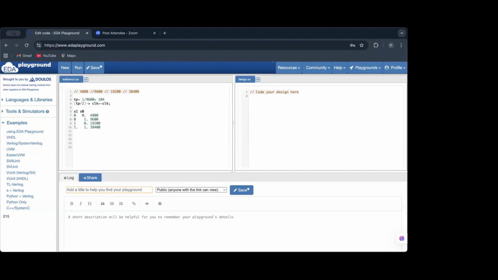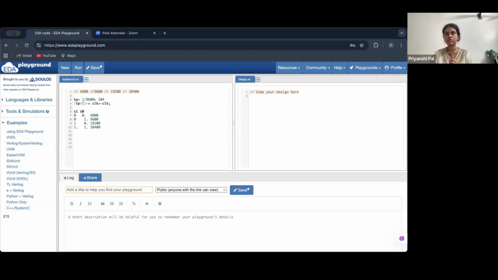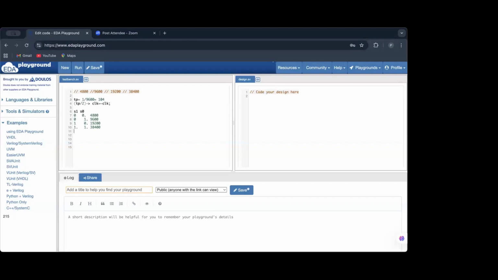Can SPI communication be built in a multi-master environment? We can have multiple slaves, but no, we cannot have multiple masters.